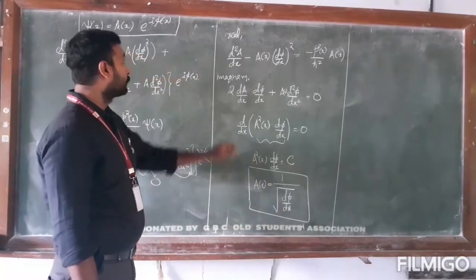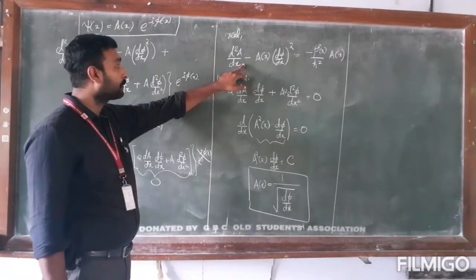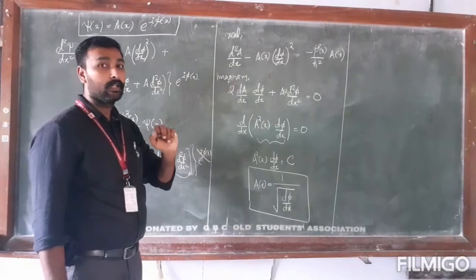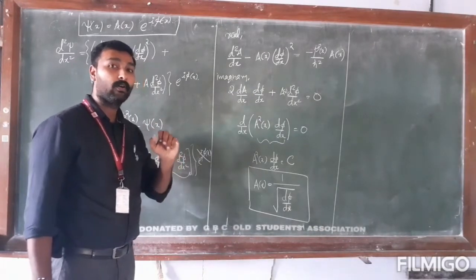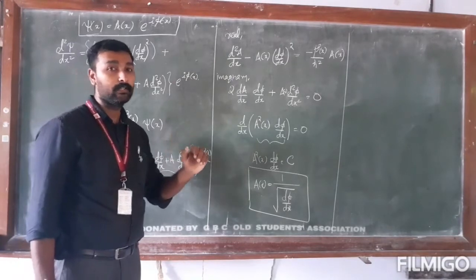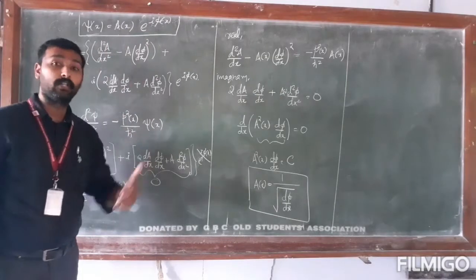Now the other thing is, you can look at the real part of the Schrodinger equation. In the real part, there is a second derivative of A. Now recall, the WKB approximation is valid only for slowly varying potential. So if the potential is slowly varying, both functions, amplitude and phase, must be slowly varying.